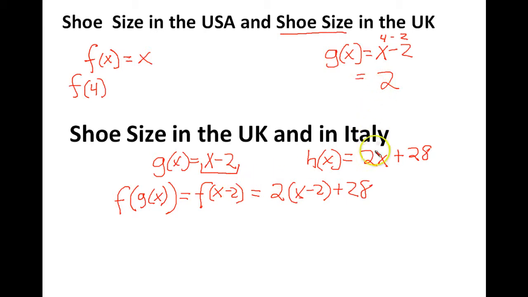We then go to our Italy function, where the x, this x, is this. And this x right here will be this.